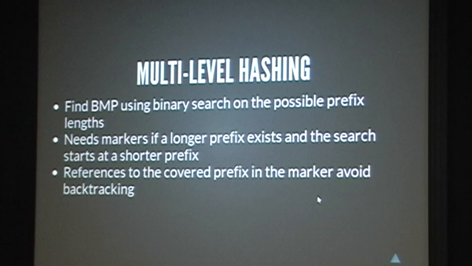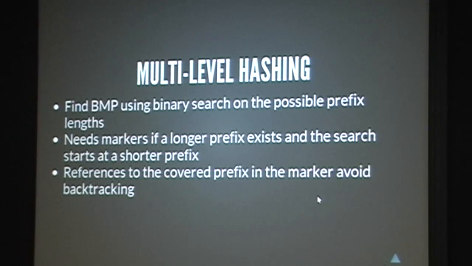So for IPv6, for example, that would be the logarithm of 128, which is significantly smaller. The radix tree, for example, scales linearly in the prefix size. So in the worst case, you have to follow 128 levels for IPv6.